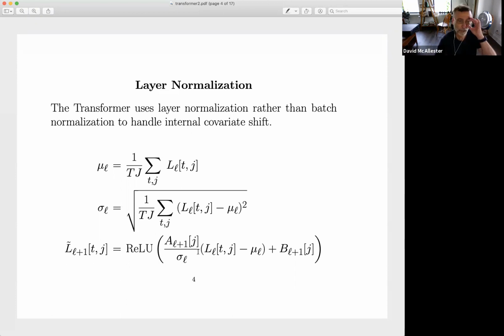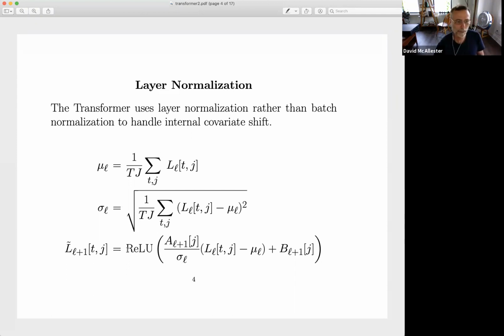We take the input layer and we subtract the mean, divide by the variance. And after we've subtracted the mean and divided by the variance, we apply an affine transformation, that is scaling: taking the result of this normalized layer, minus the mean over the variance, and multiplying it by an arbitrary constant and adding an arbitrary bias.